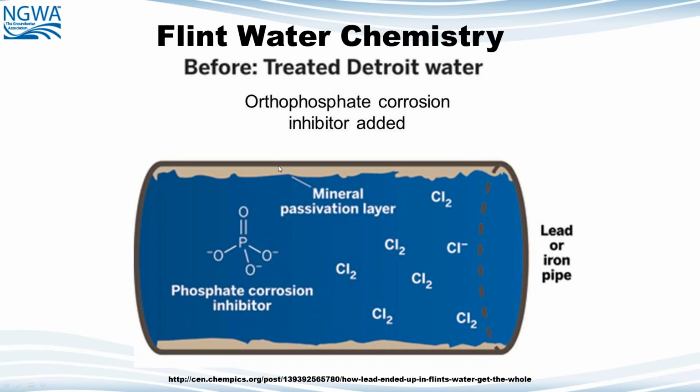And in Detroit, even in those service lines going from the main to the house that may be lead, the possibility of lead leaching into the water was reduced because of this orthophosphate layer that was added. And this is a chemical that is added relatively continuously.